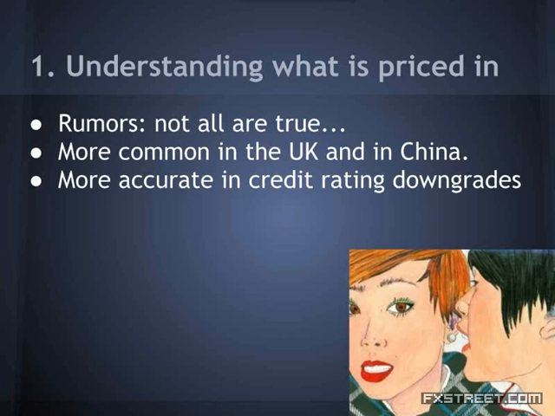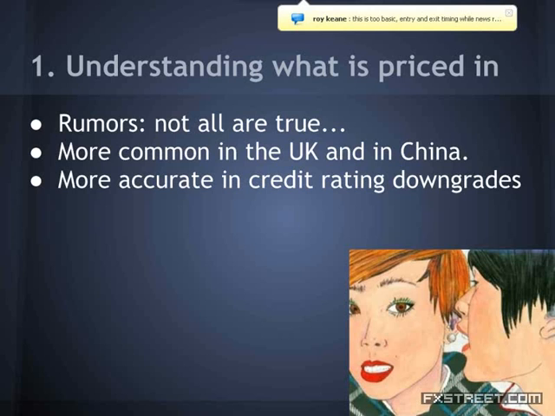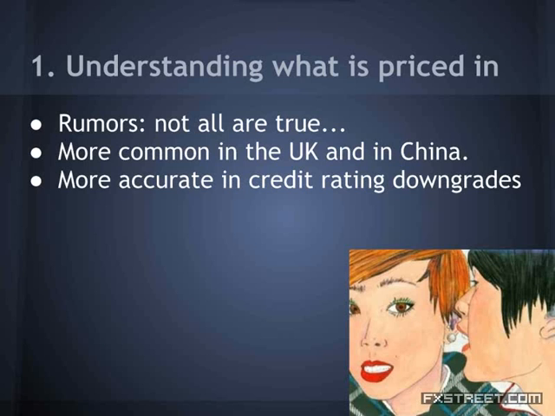Not all rumors are true. Sometimes it's false data. Rumors are more common with the UK data, especially PMIs, but not only that. But again, not all rumors are true or false. And also in China's case, some data leaks out.